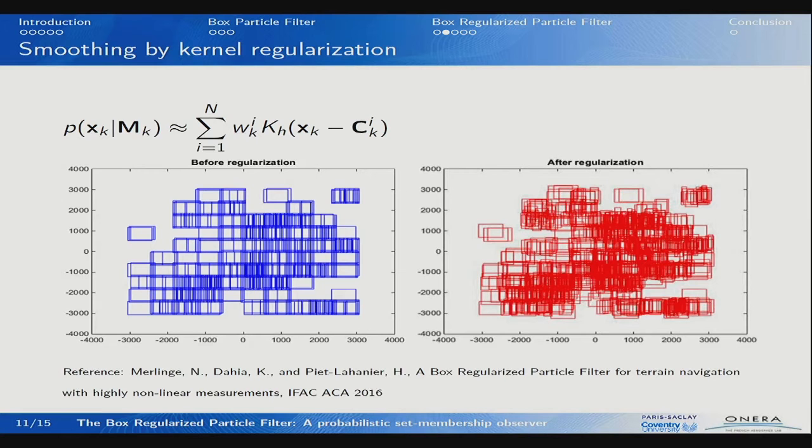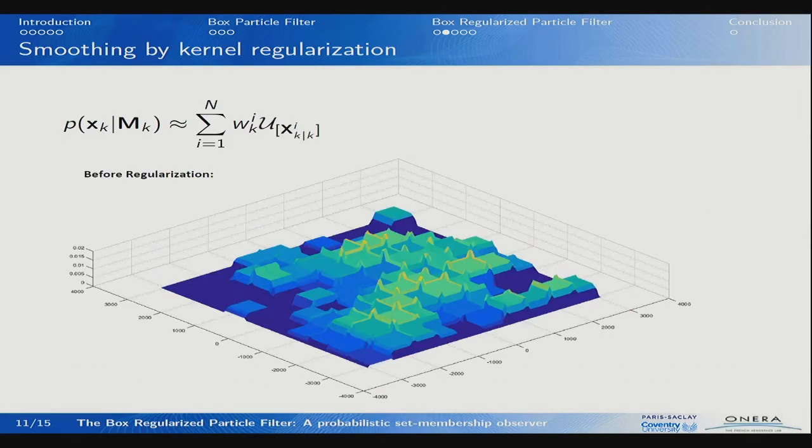So what is the meaning of that? If we plot an approximation of the posterior density function, the posterior density function represents the likelihood for each point of the state space to be close to the real state that we want to estimate given the measurement. And here it's just plotted on the first two dimensions, latitude and longitude.